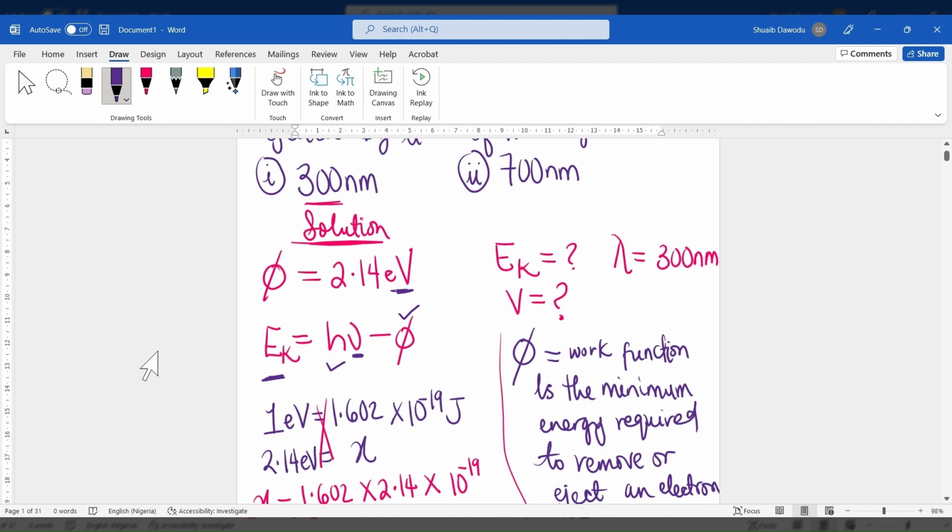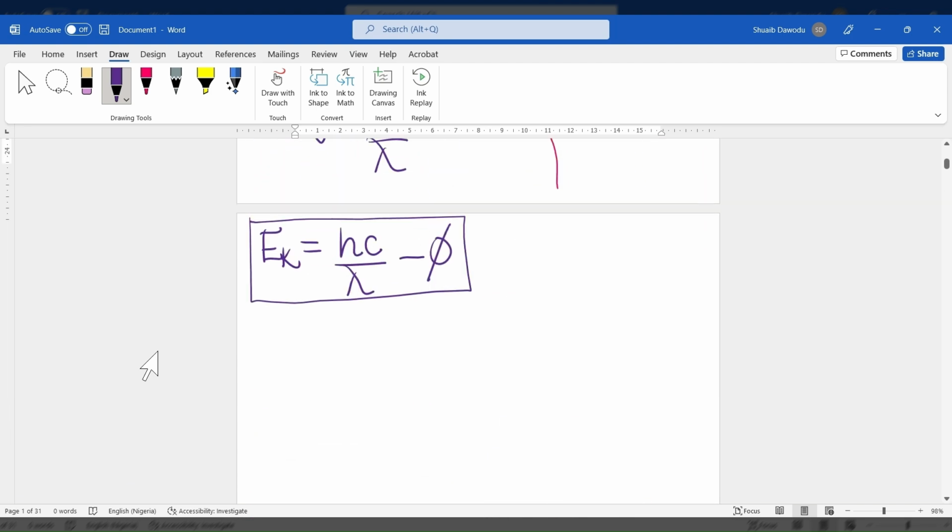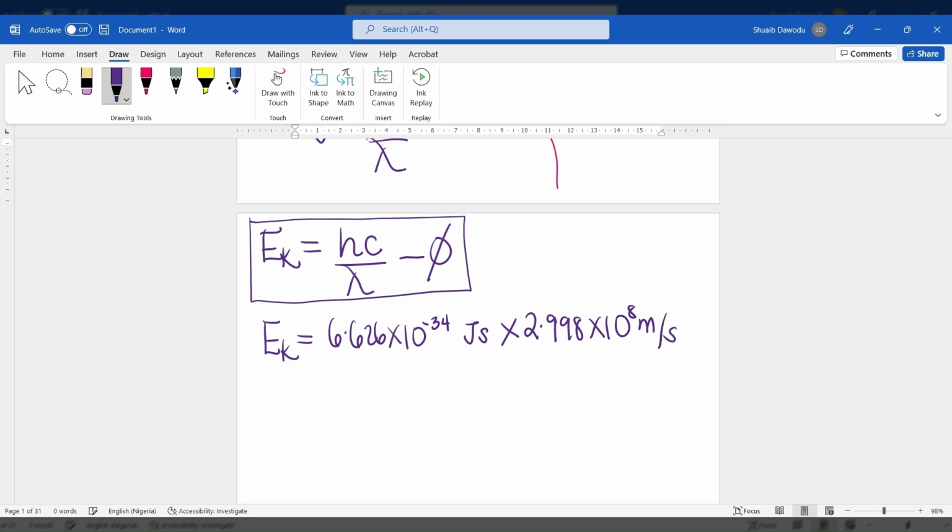So all we have to do now is simply substitute. Kinetic energy EK is equal to 6.626 times 10 raised to the power of negative 34 joule seconds, that's Planck's constant, times the speed of light, 2.998 times 10 raised to the power of 8 meters per second, divided by λ, which is simply 300 times 10 raised to the power of negative 9 meters, minus the work function.